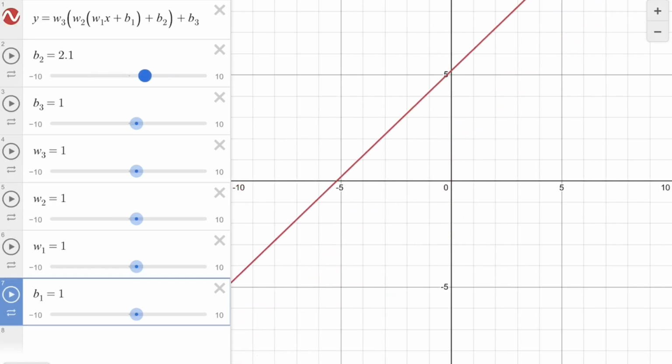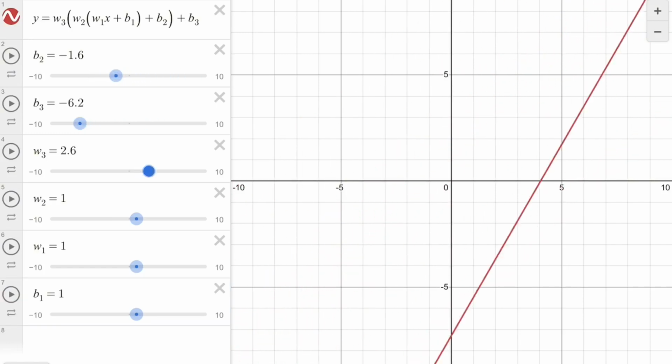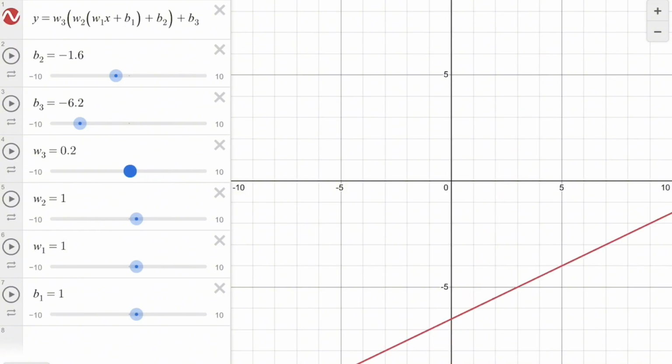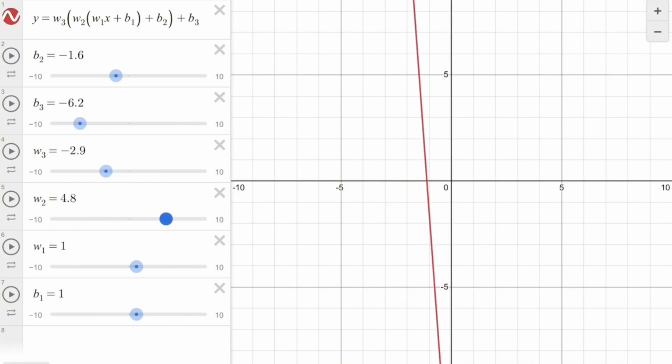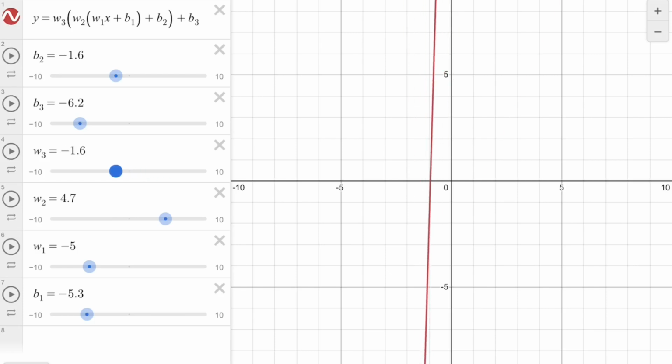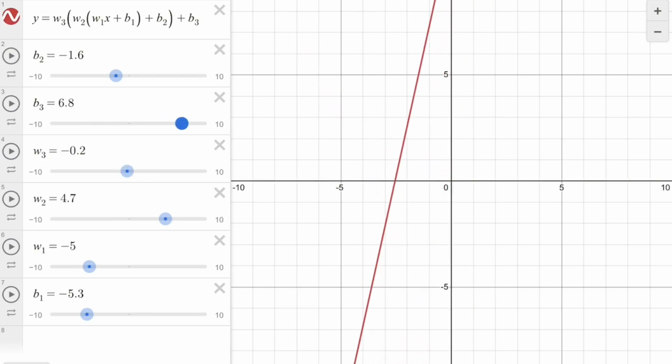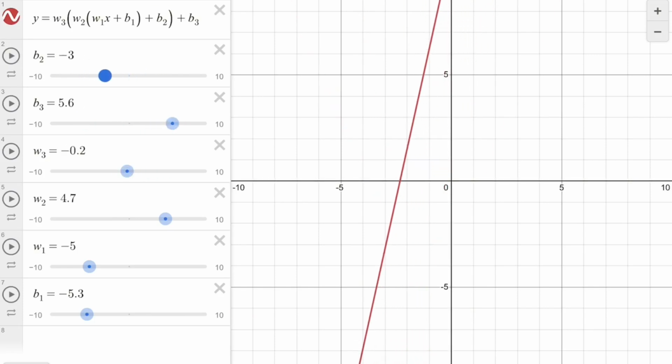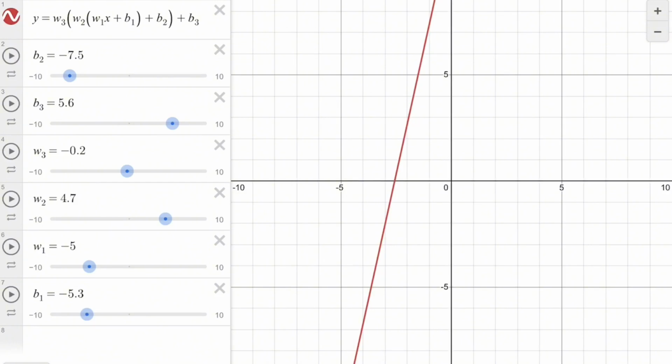No matter how I change any of these variables, the W3, B1, etc., no matter how I change any of them or all of them, the output is always going to be just a straight line. And that's the big intuition here: stacking linear equations, which means even if you put a linear equation inside a linear equation, and even if you do that thousands or millions or infinite times, the output is always just going to be a straight line, like we see here.